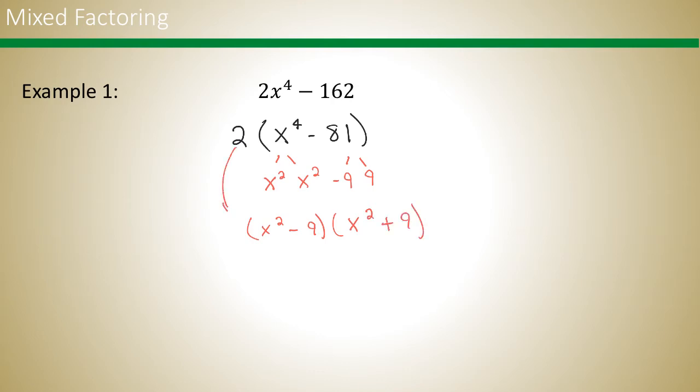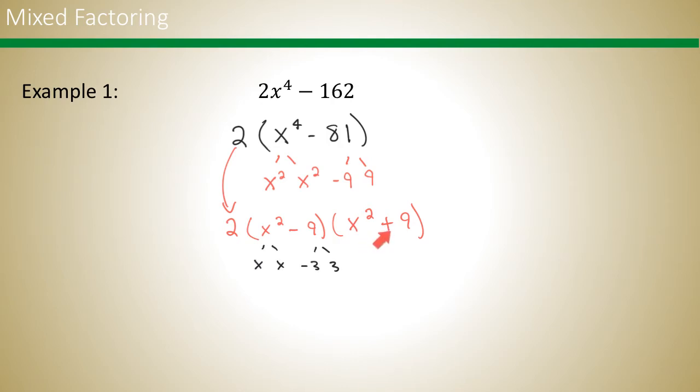Don't forget this 2. Let's go ahead and bring that down. Now I still have 2 terms here, so I'm going to look at this and see, is this still a difference of squares? And yes, it is. This one breaks apart as x times x, and that breaks apart as 3 times 3. One of those 3s is negative.